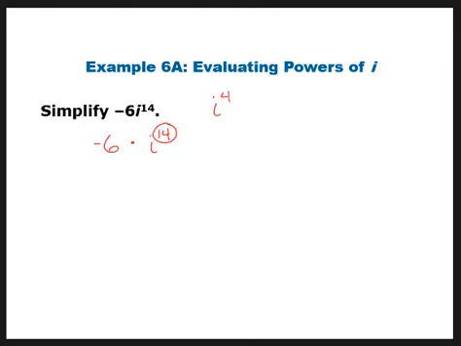i to the 4th times i to the 4th times i to the 4th would give me i to the 12th. And that means I'd have an extra i squared left over. Well, i to the 4th is just equal to 1 all the time.